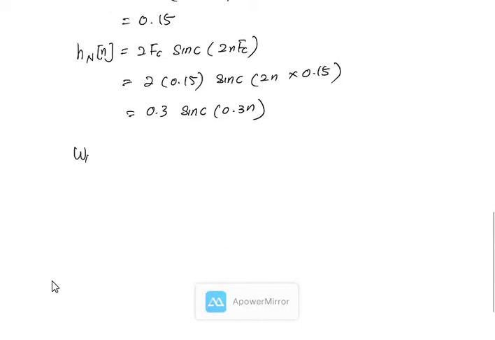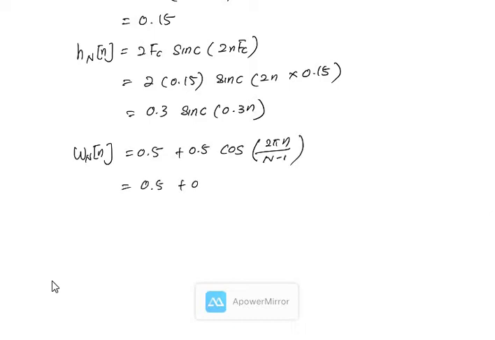Whereas Wn is 0.5 plus 0.5 cos 2πn divided by N minus 1. This is equivalent to 0.5 plus 0.5 cos 0.0625nπ.